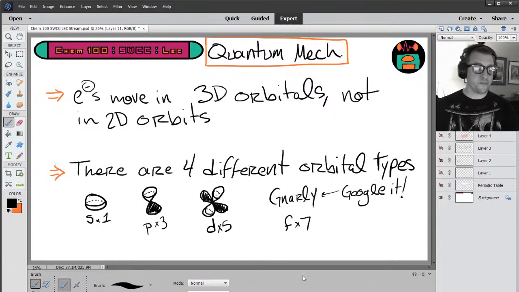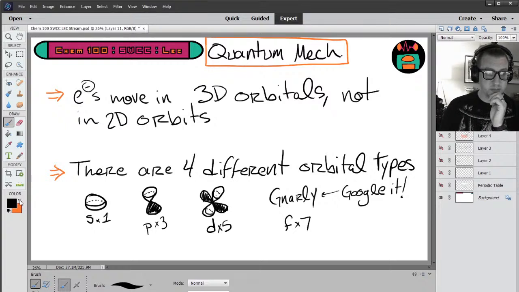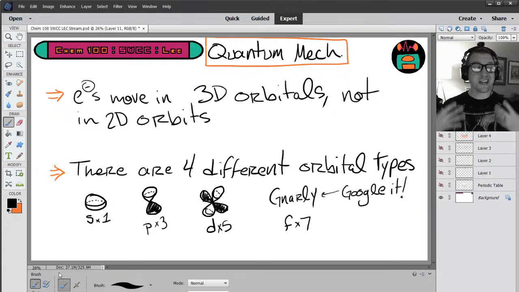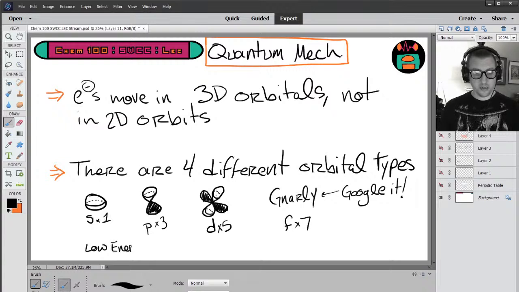All right. So these are the 4 types of orbitals. Part of the reason why I spent some time drawing them out is because knowing what they look like actually tells you something about their energy level. The s orbital is the simplest type, and it is the lowest in energy. The f orbital is the gnarliest type, and it is the highest in energy.